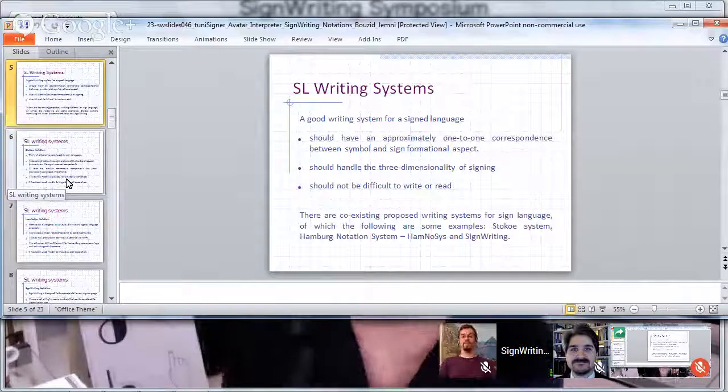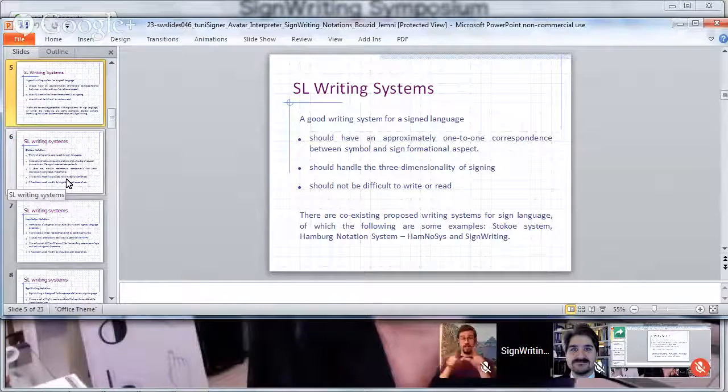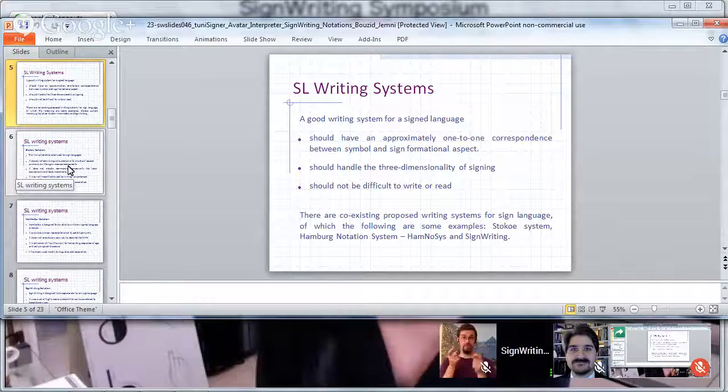SL writing systems. A good writing system for a sign language should have an approximately 1-to-1 correspondence between symbol and sign formational aspect. Should handle the three-dimensionality of signing. Should not be difficult to write or read.